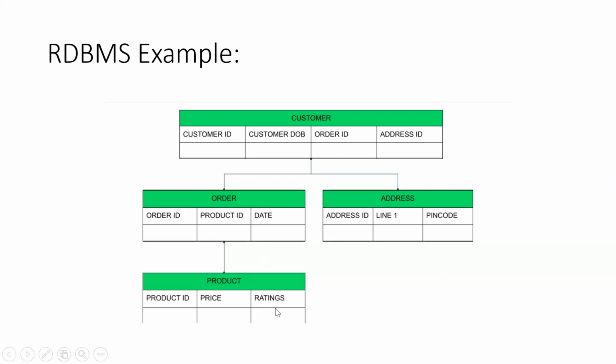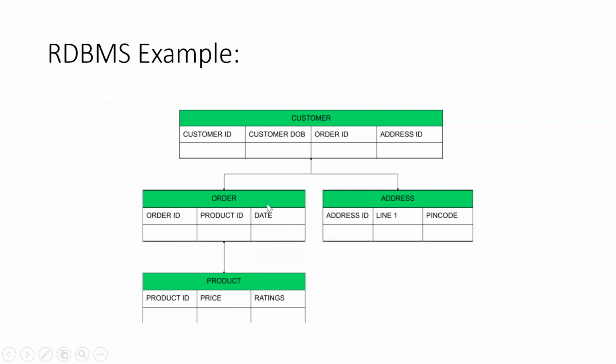So in the employee table, employee ID is called the primary key. Similarly, in the product table, product ID should be the primary key. In the order table, order ID should be the primary key. Now, while setting up the relationship with this product ID and this product ID, this product ID is the primary key of the product table, and this product ID is called a foreign key in the order table.